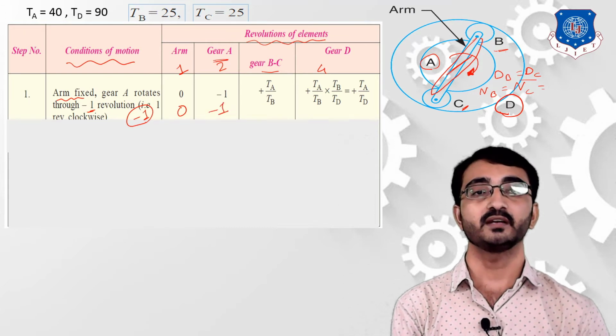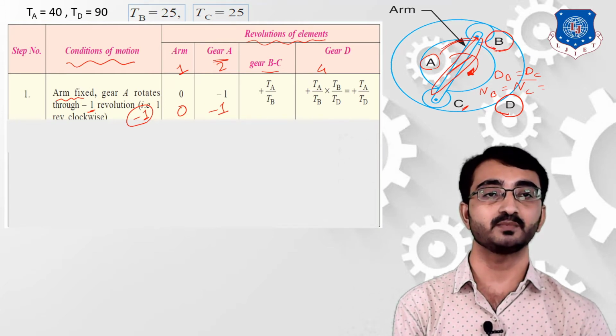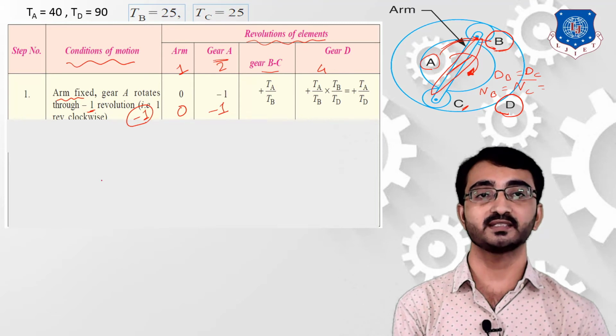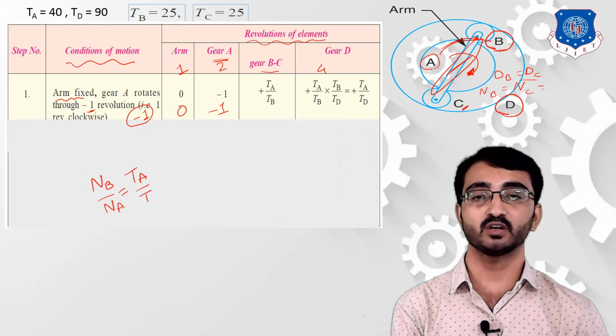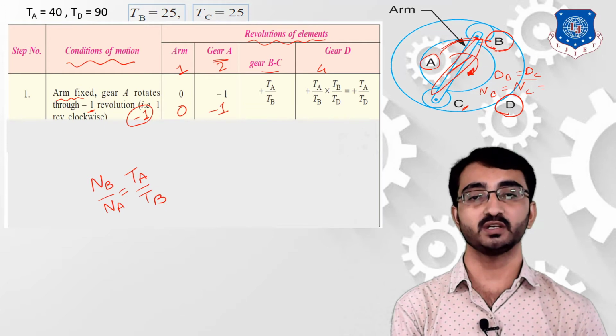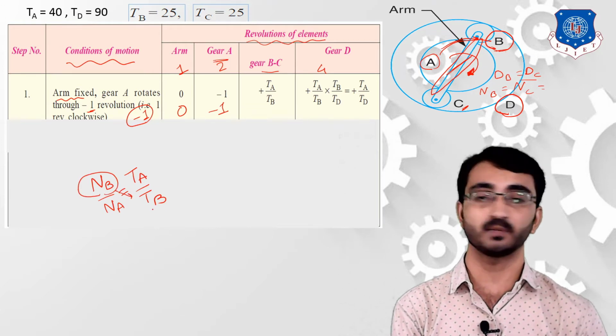then -1 for the gear A. Now this gear A is meshing with gear B, so you can consider this one as a simple gear train. Let's consider that speed of gear B upon speed of gear A is equal to number of teeth on gear A upon number of teeth on gear B. This is the simple relation, that speed is always inversely proportional to the number of teeth.